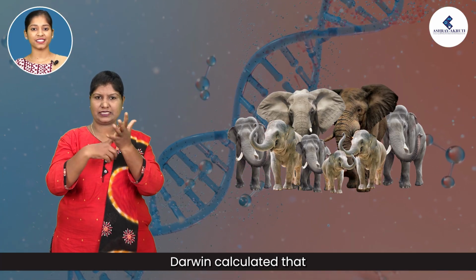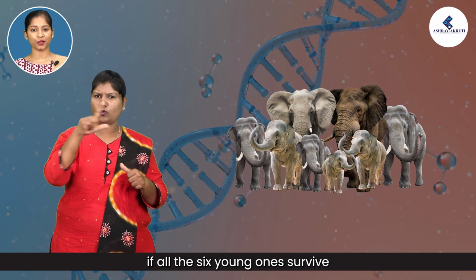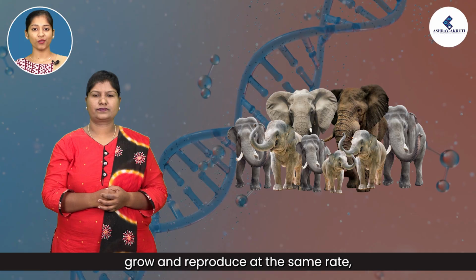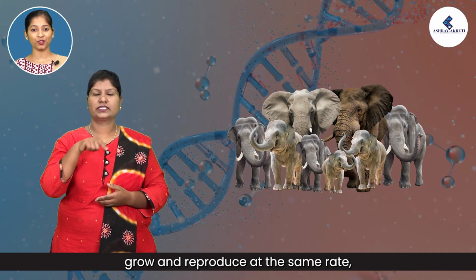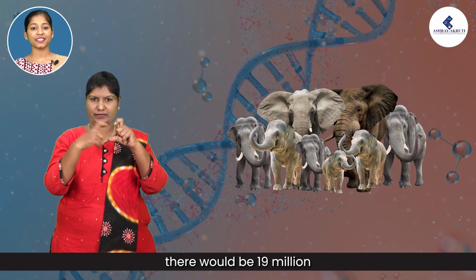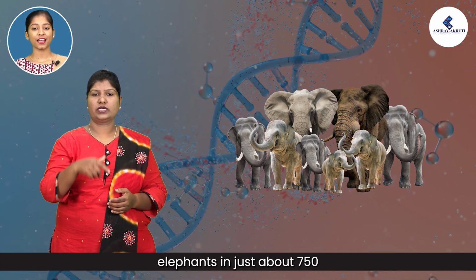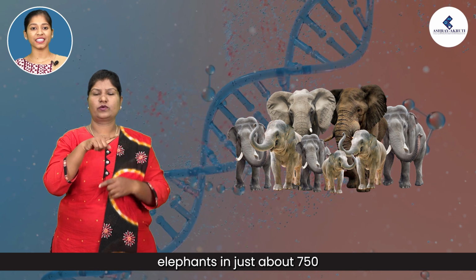Darwin calculated that if all the 6 young ones survive, grow, and reproduce at the same rate, there would be 19 million elephants in just about 750 years.